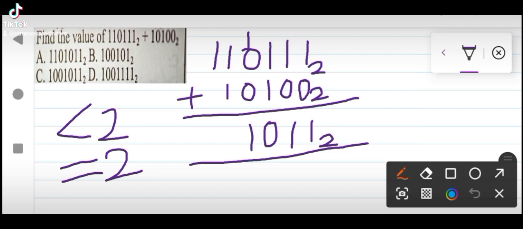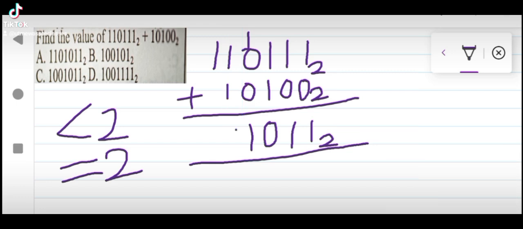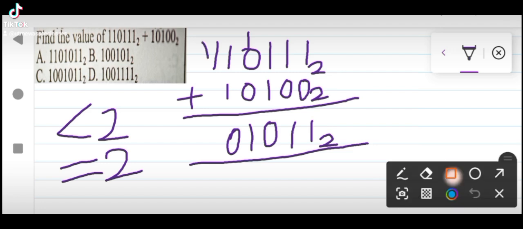And the next, we have this over here. 1 plus 1, that's 2. And since it is equal to the base, that becomes 10. So we write 0 and 1. And lastly, we have this other value. 1 plus 1, which is 2. And that becomes 10 since it is equal to the base.